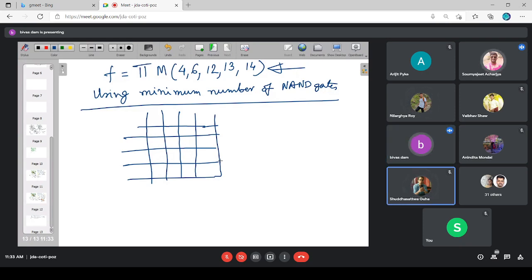Ones. If the variable names are not given here, you may choose variables of your own. You may go for ABCD, PQRS, WXYZ, whatever it is. Okay, let me go for ABCD.